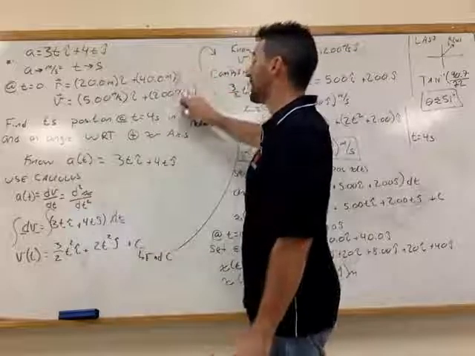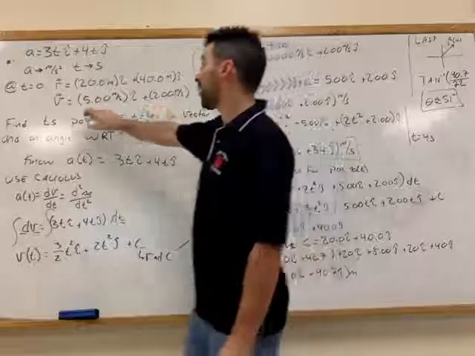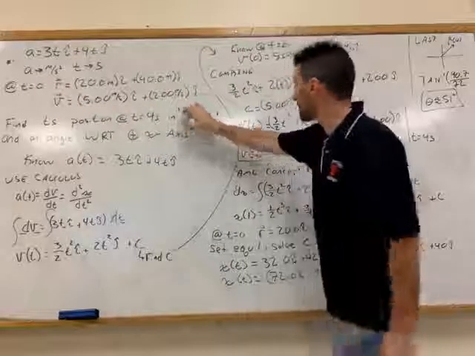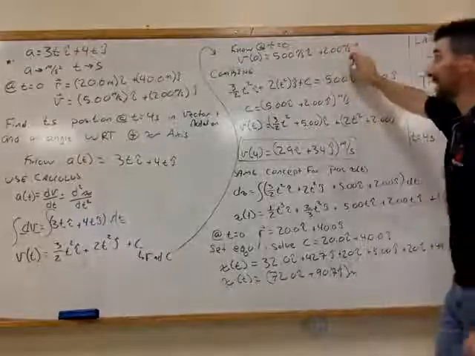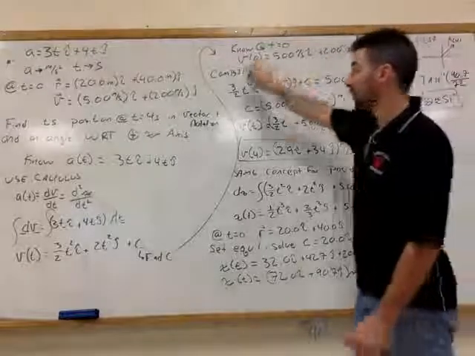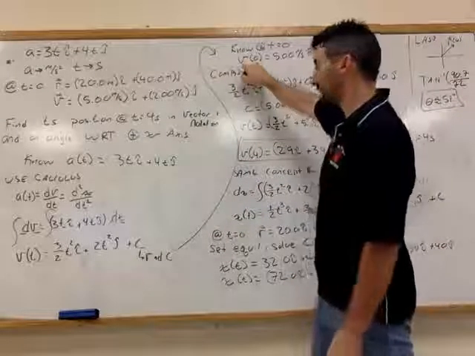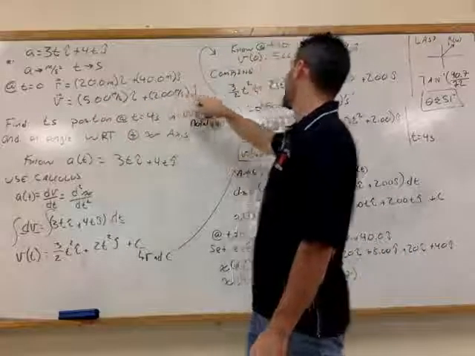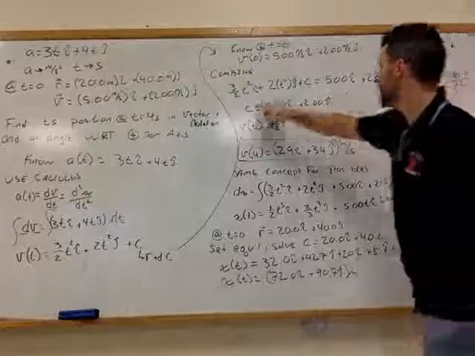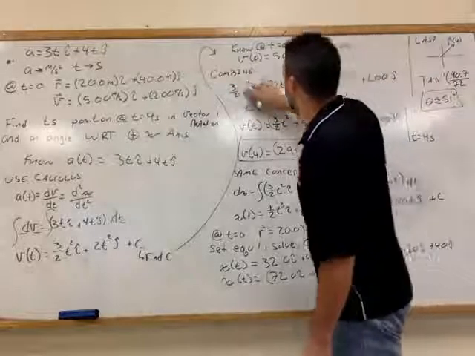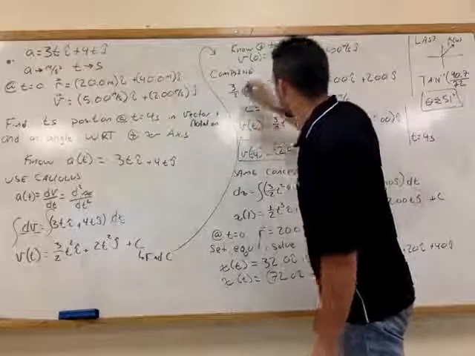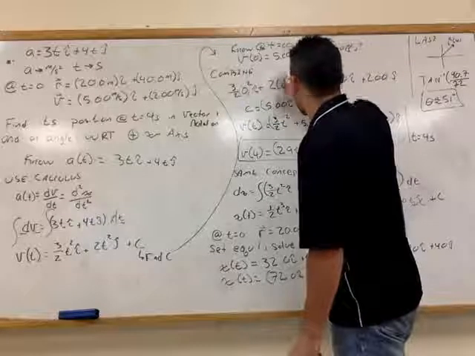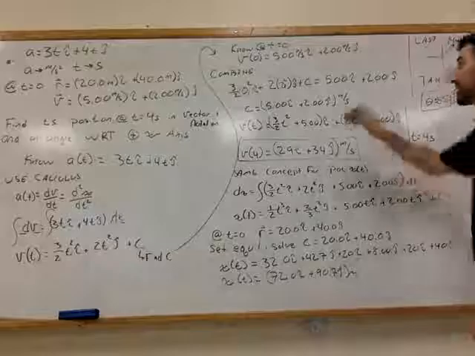Luckily, they gave me these vectors. I know my velocity vector at time equals 0 in i and j notation. So I'm going to plug that in and combine. I know that at t equals 0, 5 meters per second in the i hat plus 2 meters per second in the j hat is equal to 3/2 t squared when t equals 0 in the i hat plus 2t squared when t equals 0 in the j hat plus c.